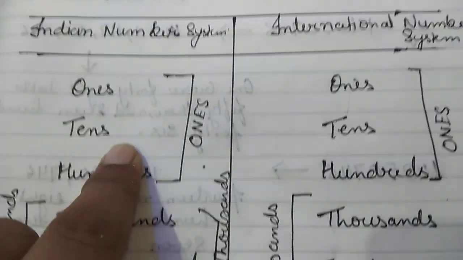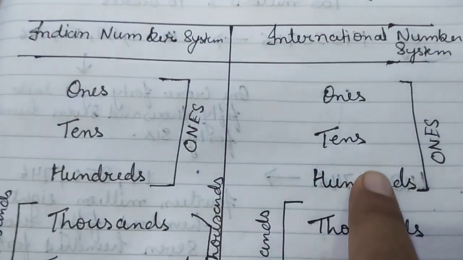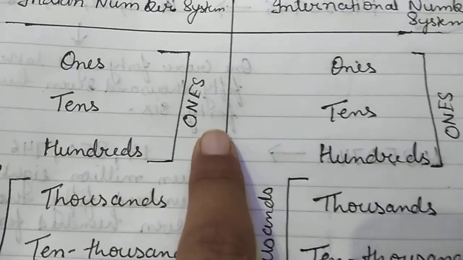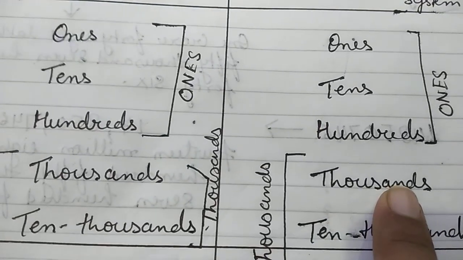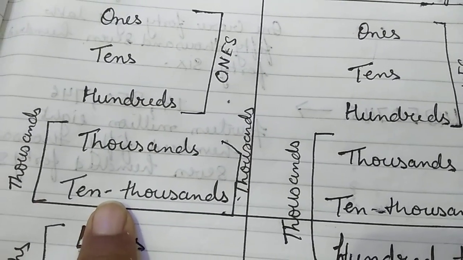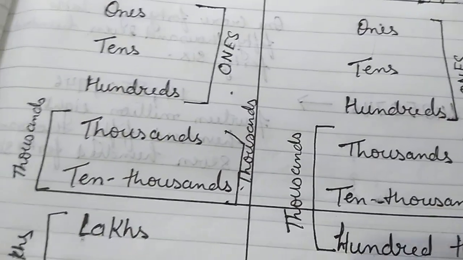Ones, tens, hundred in the Indian system, also ones, tens, hundred in the international system. In both systems, these three things are common. After that, thousands here also, thousands here also. After that, 10,000s here also and 10,000s here also.